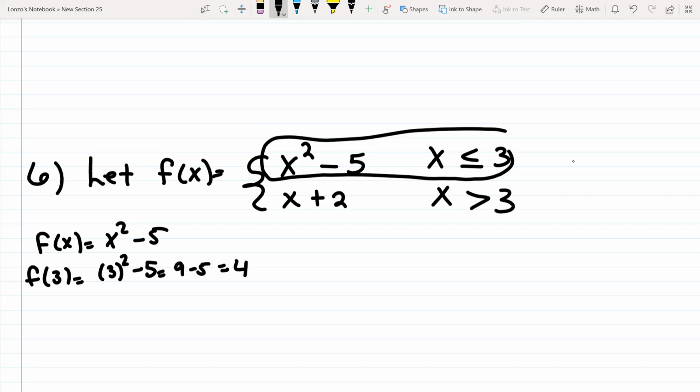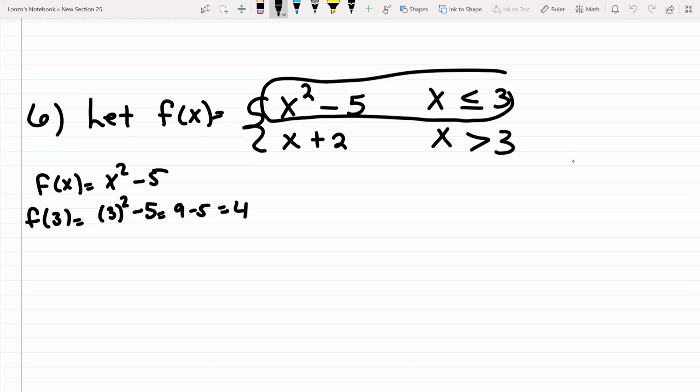And then what's next? We have a y-intercept at -5, right? If you plug in 0, you would get -5. So you have a y-intercept at (0, -5). And then maybe we could plot the two x-intercepts.